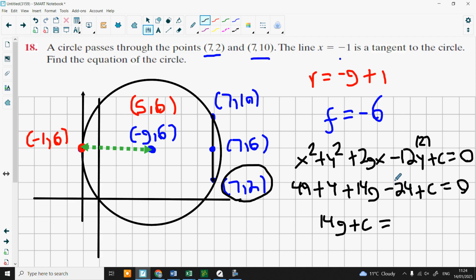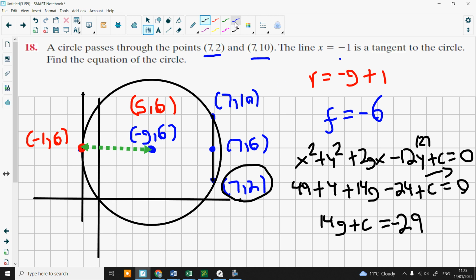What's 53 take away 24? I need you to predict here. Is it 29? 29. You happy with that? Okay, because c is 27. Yeah, it is. Thank you.